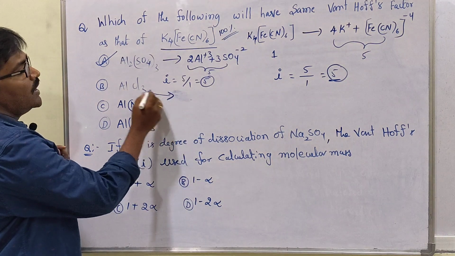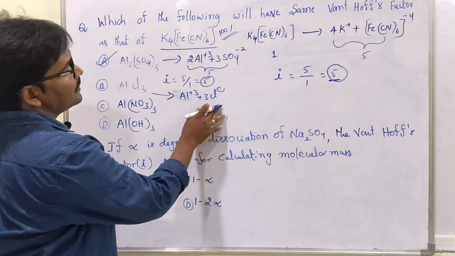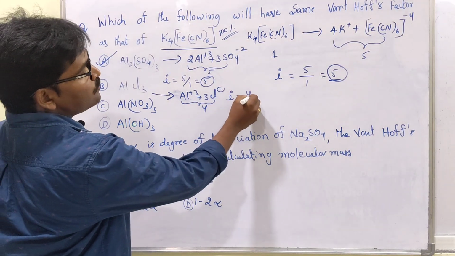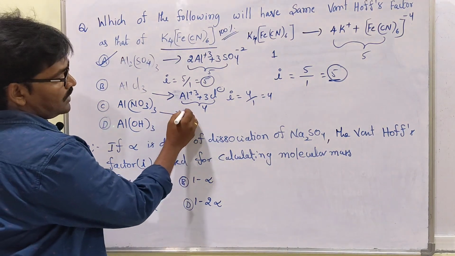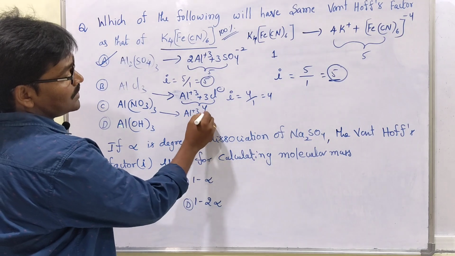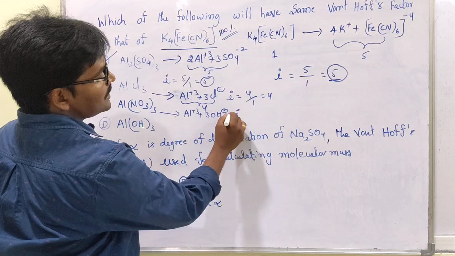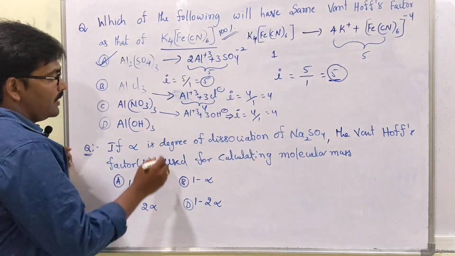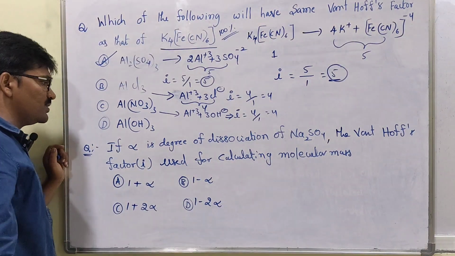It will dissociate into Al plus 3 and Cl minus, so total number of particles is 4, and i equals 4 divided by 1, which is 4. For this also the same: Al plus 3 and OH minus, total number of particles 4, so i is 4. Even here, the same thing. Clear, my dear students? Right.